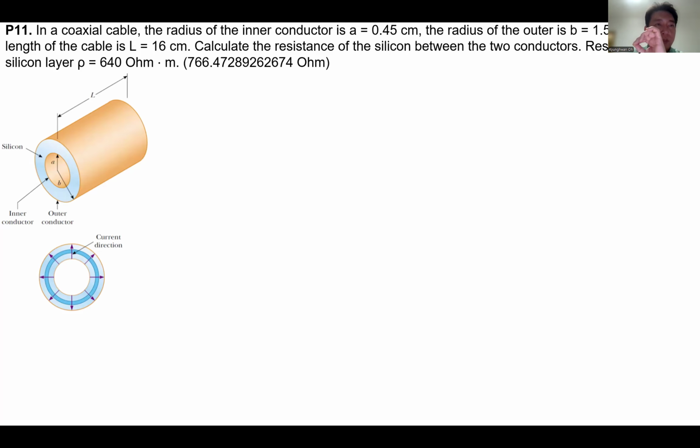So within this single element, we have a capacitor, resistor, and inductor, CRL, all together. But we are going to be concerned about the resistance. Okay. So calculate the resistance of the silicon between the two conductors. This is the silicon.